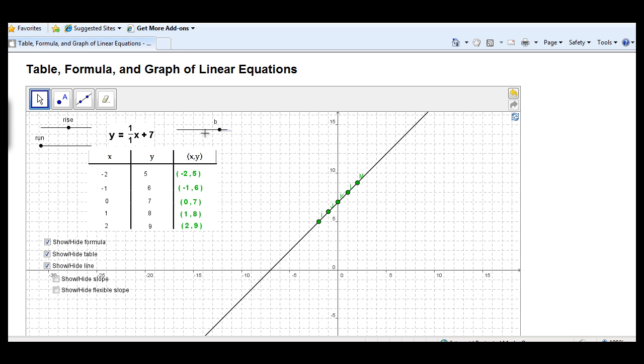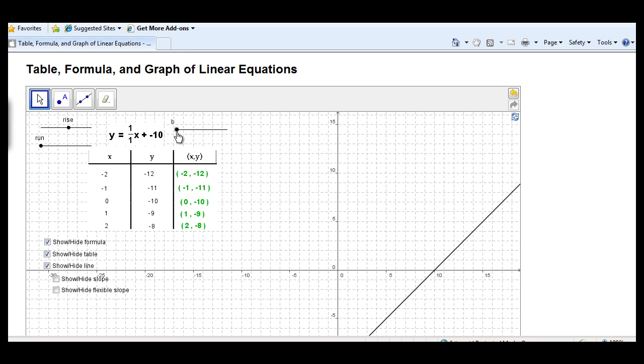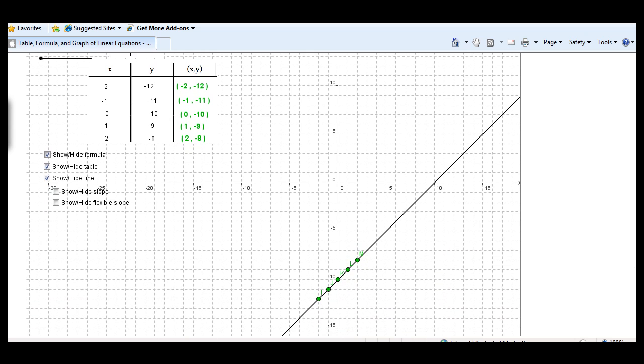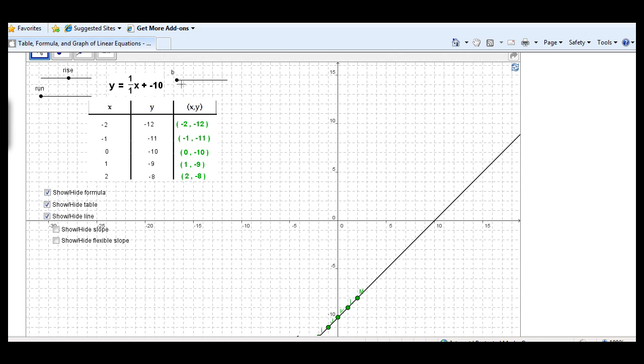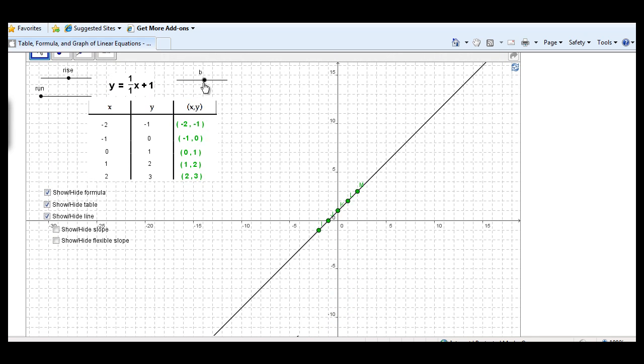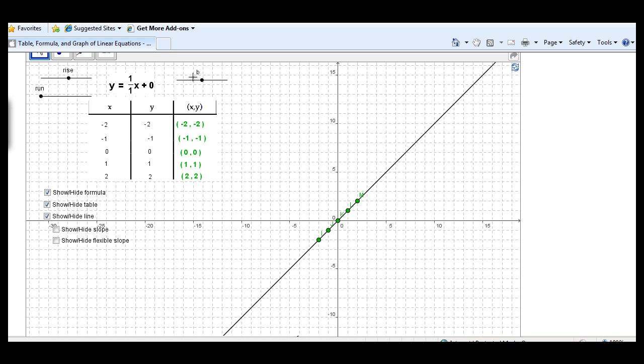So I could move it up a little higher, or I could move it down. Now my y-intercept, we can't see it, but I could go down here. It's at -10. And let's bring it back to 0.